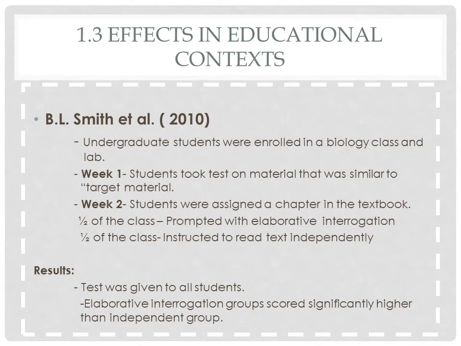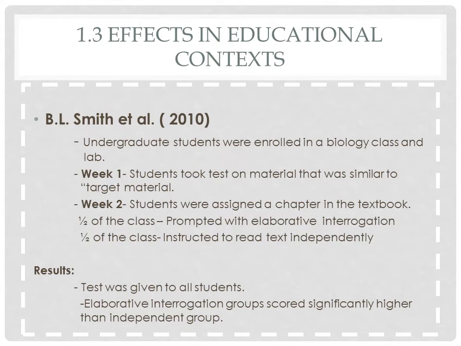Most of the research to find the effects of elaborative interrogation has been completed in labs, but in a study performed by B.L. Smith et al. in 2010, undergraduate students in a biology course participated in an experiment during class. In the first week, students took a test on material that was similar but not the same as target material.